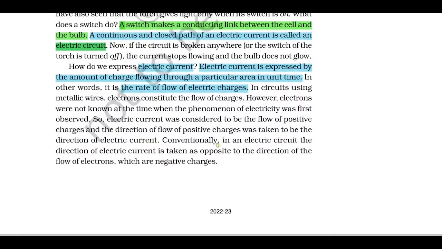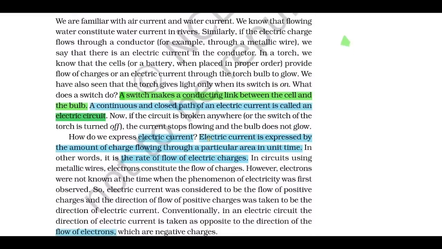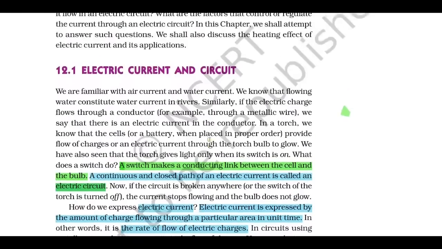Now, what is the conventional direction of electric current? It is the direction taken for electric current, opposite to the flow of electrons. So these are the important questions you can get on page 1 of the unit electricity.